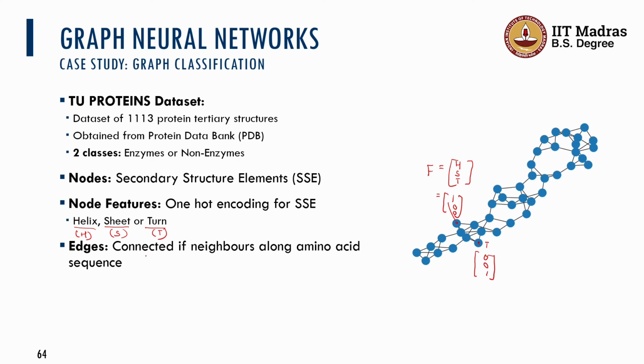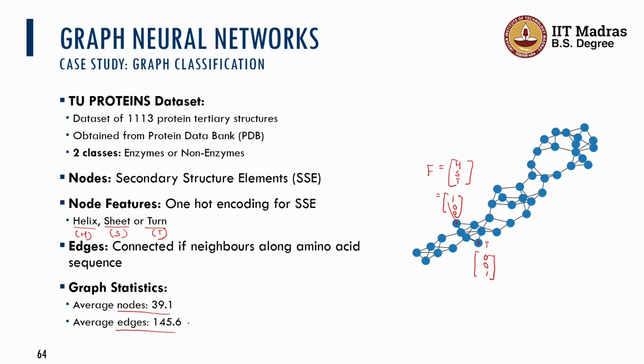Here, edges are connected if they are neighbors along the amino acid sequence. Again, when we construct a graph for each of these protein tertiary structures, we have an average of 39 nodes and around 145 edges.